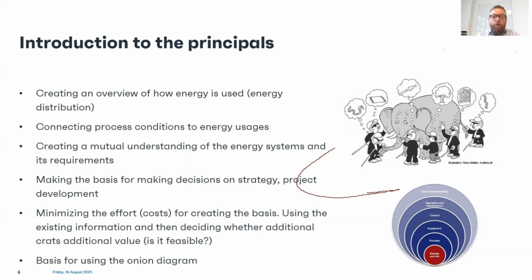Energy service is who requires the energy. So we have a process that needs to be heated from one temperature to another temperature. This is an energy service because this is a service that supports the process directly. The energy service is not combusting gas in a boiler.